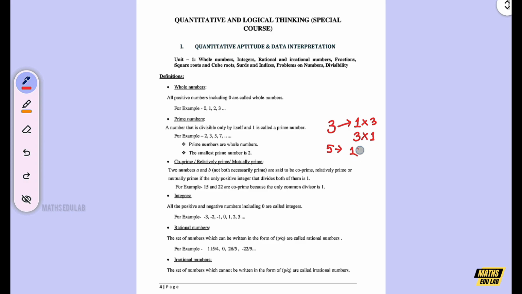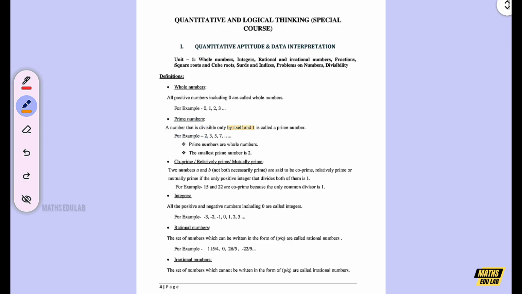If you see the multiplication tables, you will not get 5 in any of the tables except the 5 table as well as the 1 table. So a prime number appears only in its own table and the table of 1, that is, only 1 and itself.